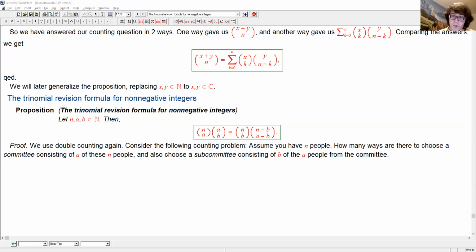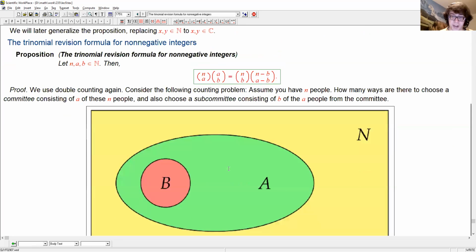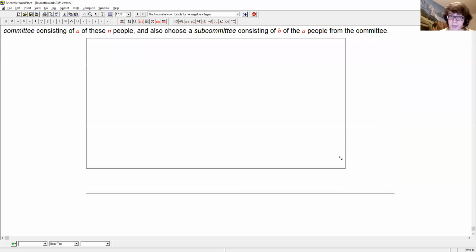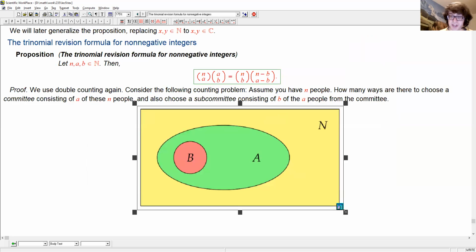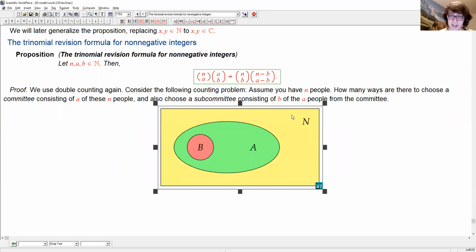Pictorially, here is how it will look. You have this set of n people, the big yellow square. That's already chosen; you don't get to choose them. You have to choose this green oval, the committee, and its subcommittee.